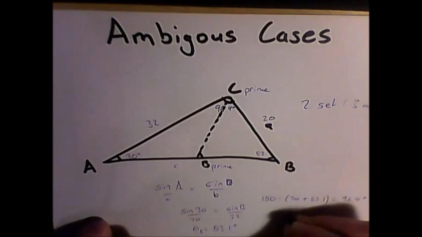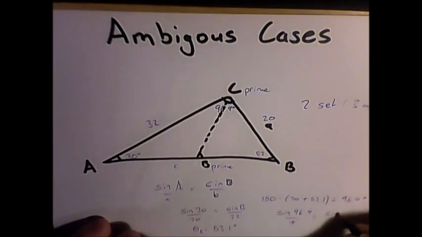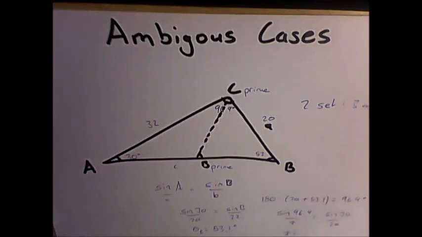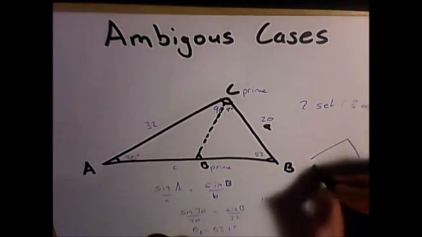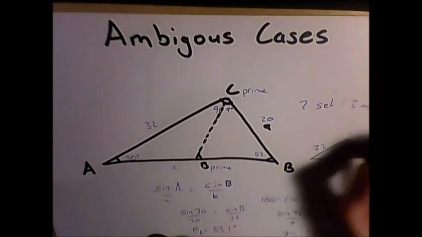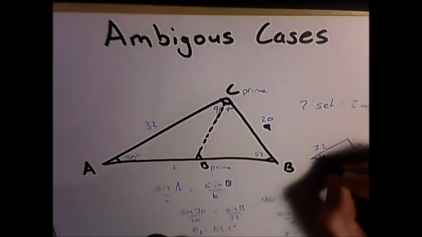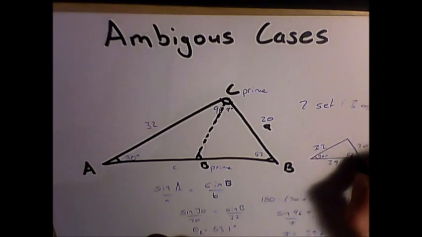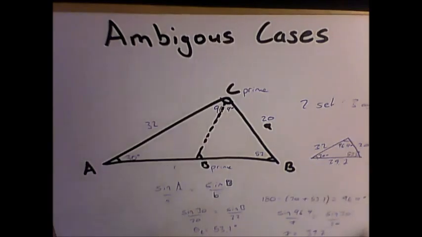So we write out sine 96.9 over x is equal to sine 30 over 20, and we find that x is equal to 39.7. So now we're left with a triangle that looks like this: 32, 20, 39.7. Here we have 30 degrees, here we have 53.1 degrees, and here we have 96.9 degrees.